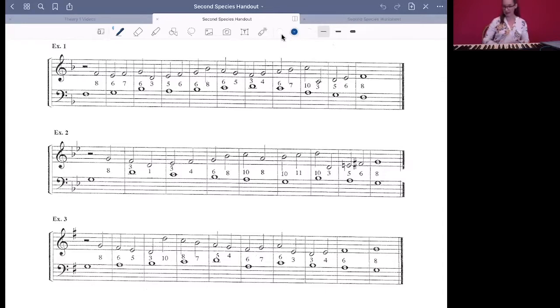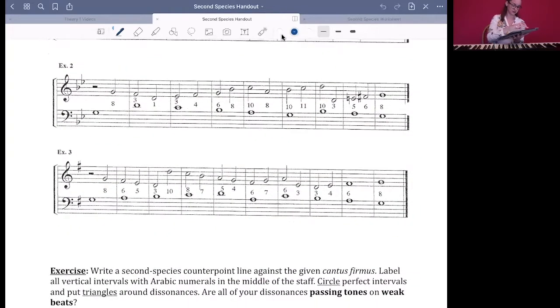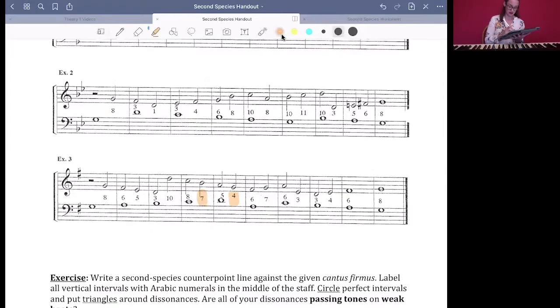And secondly, if you take a look at the numbers between the lines, it looks like we have some new intervals as well. So let's take a look at that third example. And we've got some numbers that we haven't seen before. We get a 7th there, we get a 4th there, another 7th here.